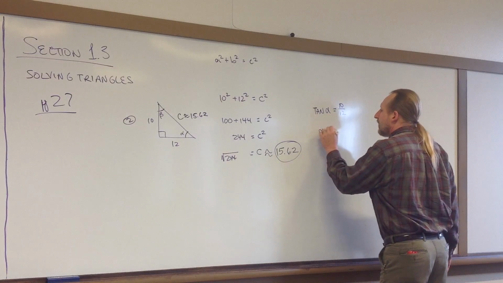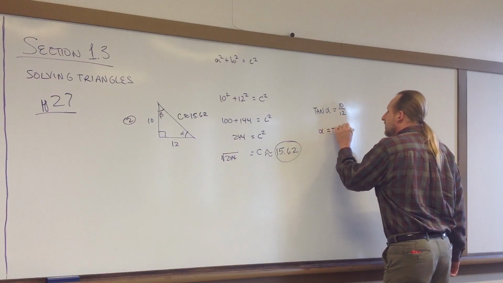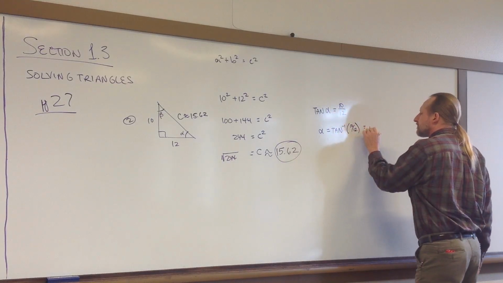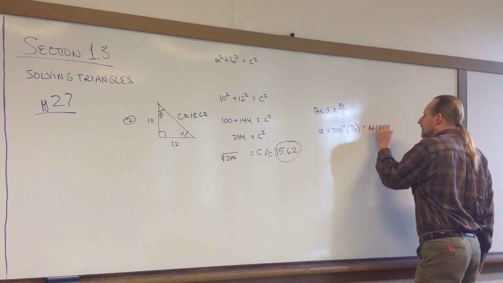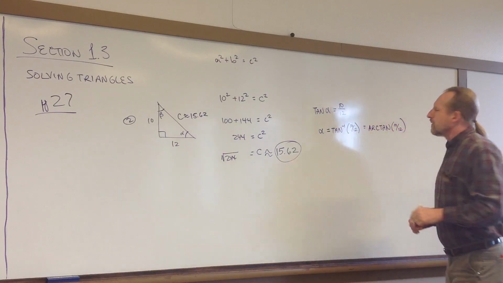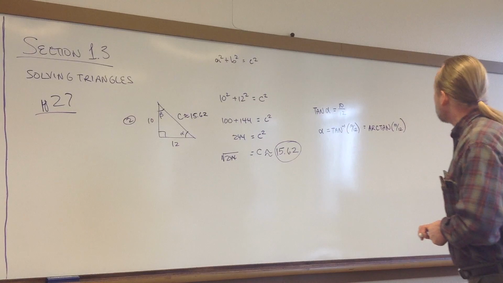So that means that alpha will be the inverse tangent. In the sciences, they often use the notation arctan, which mathematics has kind of gotten away from.